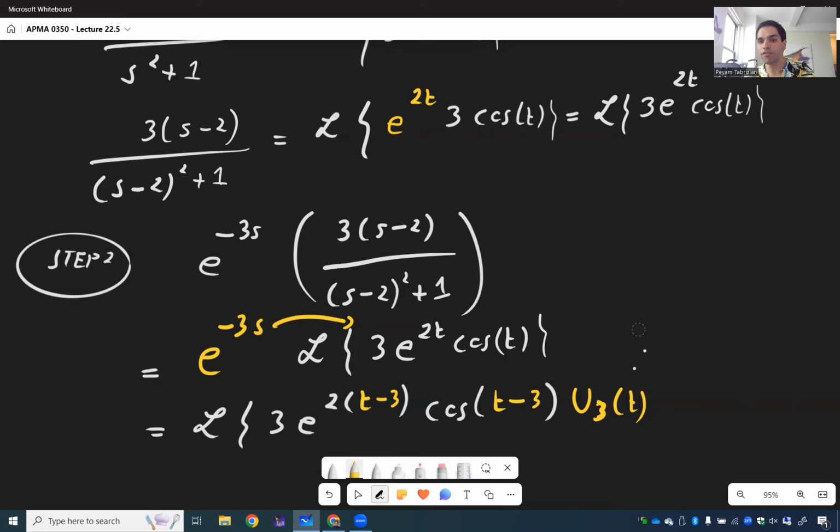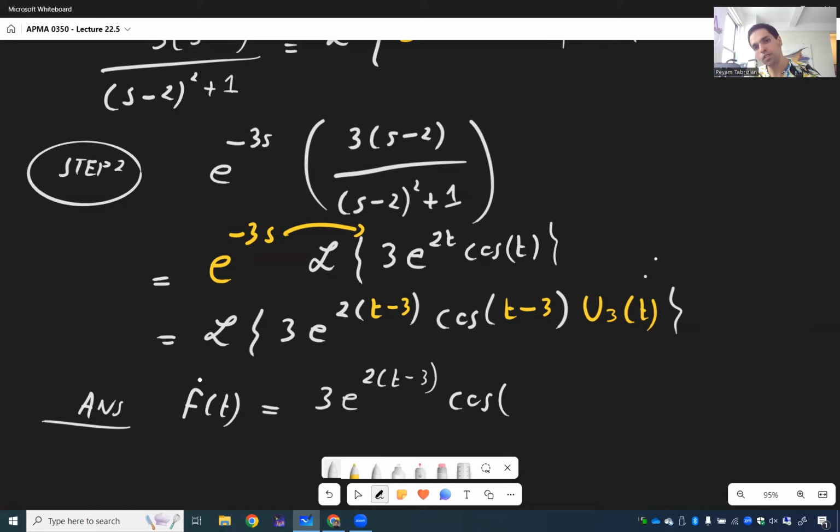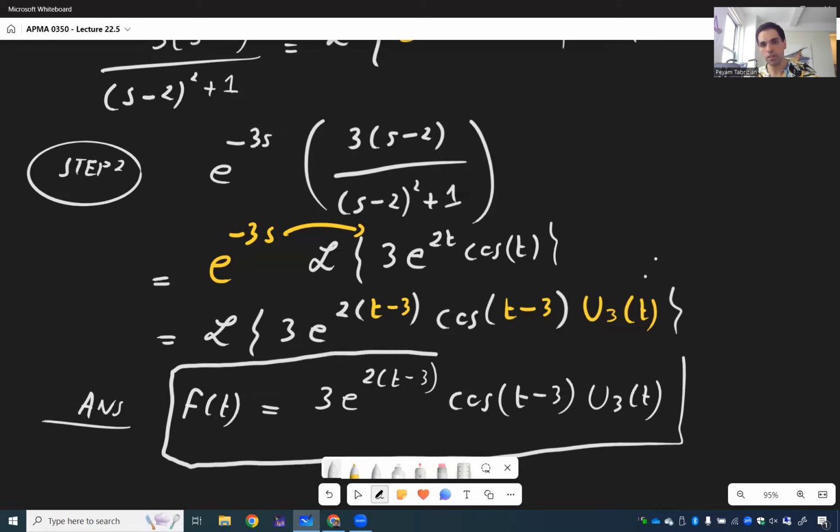And I know it gets a bit confusing with those minus signs, but remember, I will also give you all those formulas. So it's nothing to really worry about. So what is the answer? The answer is precisely this. Our mystery function is the Laplace transform of 3e to the 2 times t minus 3, cosine of t minus 3, u3 of t. By the way, no need to expand this 2 times t minus 3. It's completely fine.